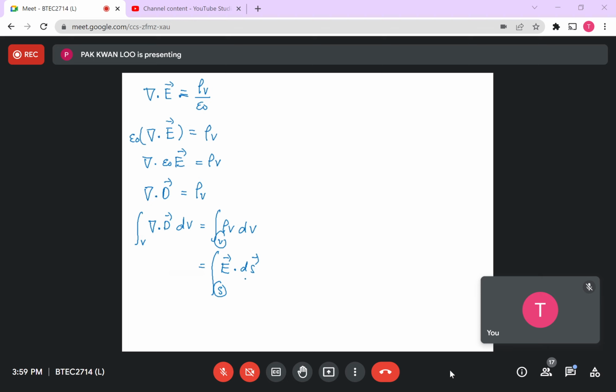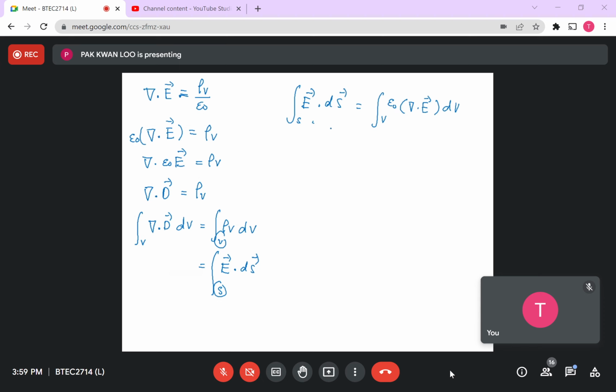So therefore, rewriting this term here, we have related the surface integration, or the double integration, with the volume integration of the divergence.